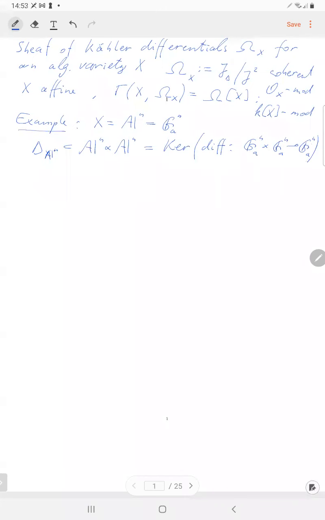Right, we have the multiplication morphism from an algebraic group to itself. In this case, this multiplication is just addition, and two vectors are equal if their difference is 0, right?